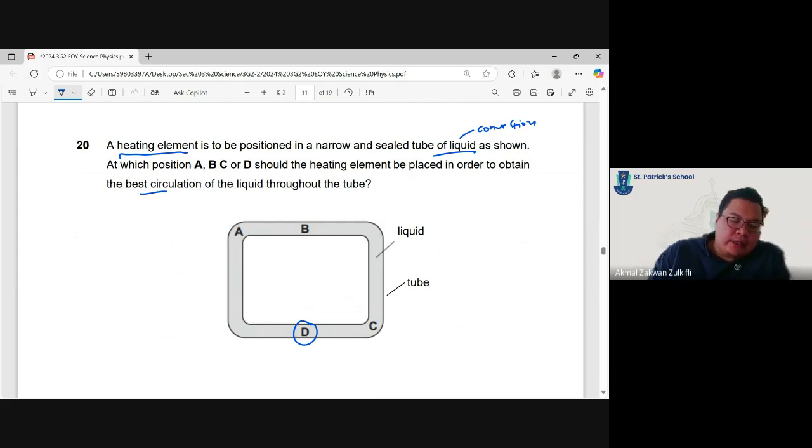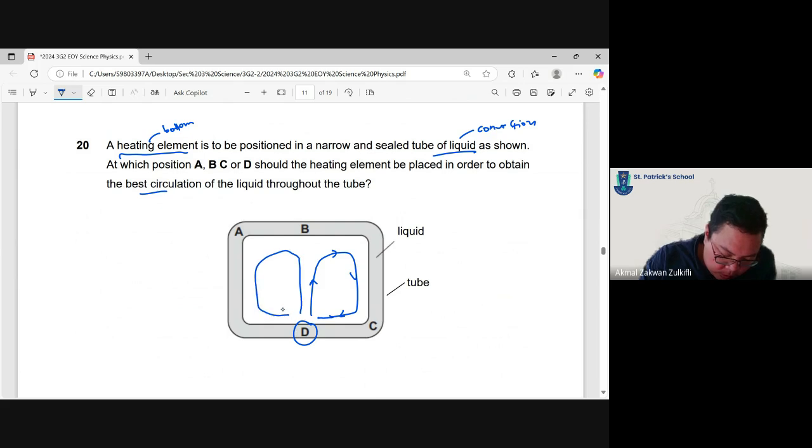In this case, it's a heating element, so we want it to be at the bottom. And if you need to draw the convection current, it will look like that. It needs to be a loop. C will only have one small loop here. It's not as effective.